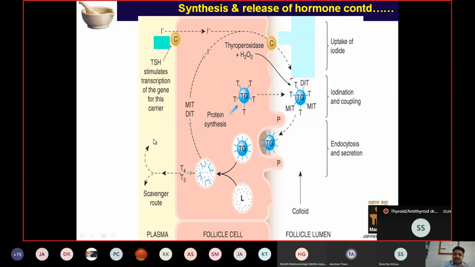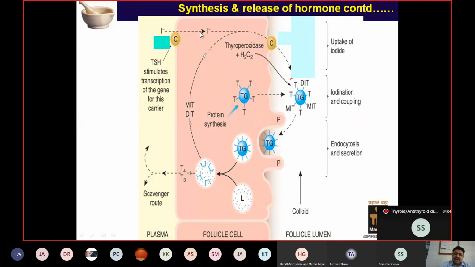And when TSH comes, when TSH stimulates the thyroid, at that time there will be lysis, and T3 and T4 will be released from the thyroid gland, while the monoiodotyrosine and diiodotyrosine are utilized again. From here the iodine is separated and comes back, and the process repeats. So this is how the synthesis happens.